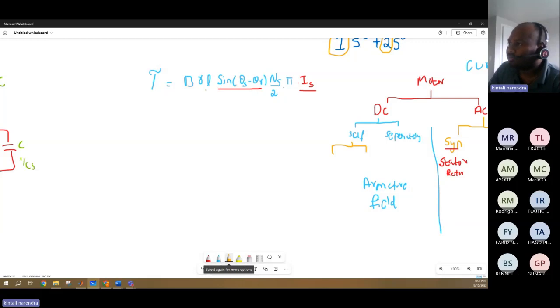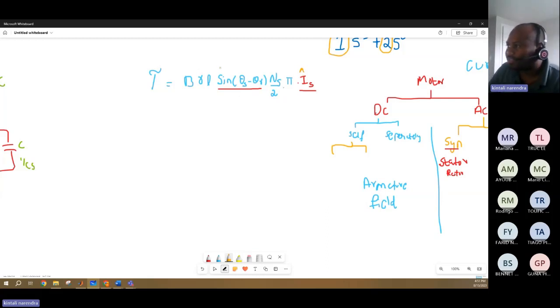So torque is directly proportional to sine of theta S minus theta R times Is. The current depends on you. If you want to increase the torque, you can increase the current. What is the other way to increase the torque?